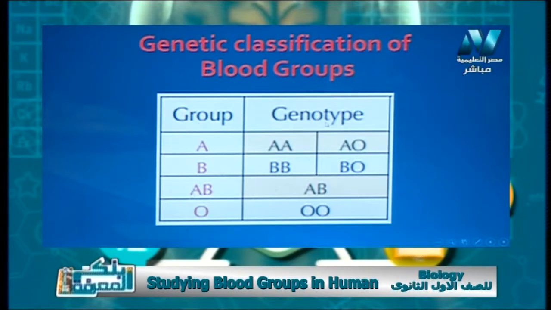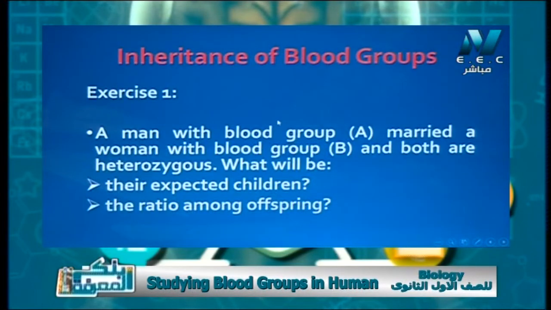And the genotype of each one: group A, the genotype could be AA or AO; B, BB or BO; AB has 1 genotype, AB, and O has one genotype, OO. Now let's have an exercise or an example to show how this blood group can be inherited from one generation to another.